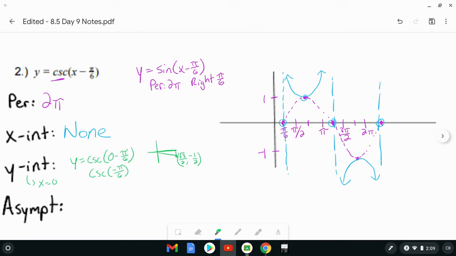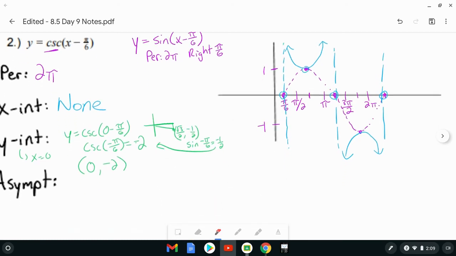Well, we know that sine of negative pi over 6 is negative 1/2. Therefore, that would be -2 for the cosecant because it's the reciprocal trig function. So we would have the y-intercept being 0, -2.